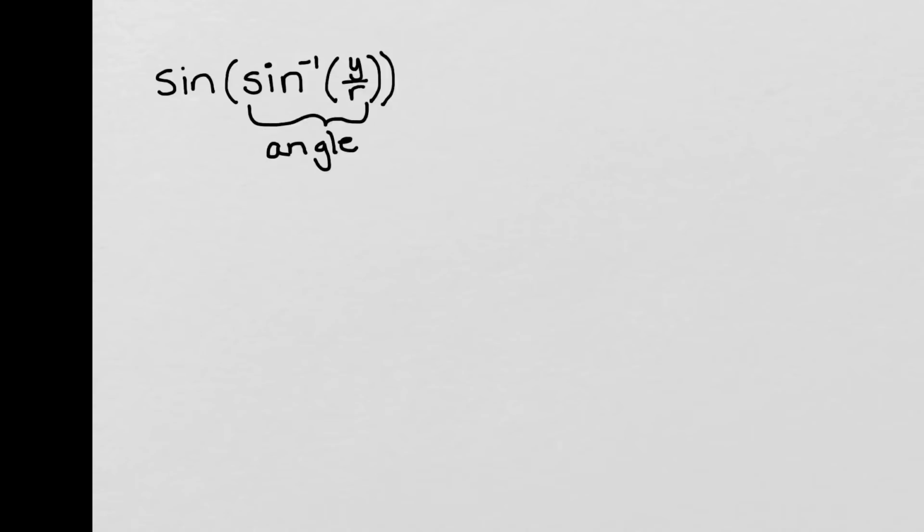And then I want to know, well, what is the sine of that angle? And of course, that's going to turn out to be y over r. So we have the sine of sine inverse of a ratio is going to turn out to be a ratio.